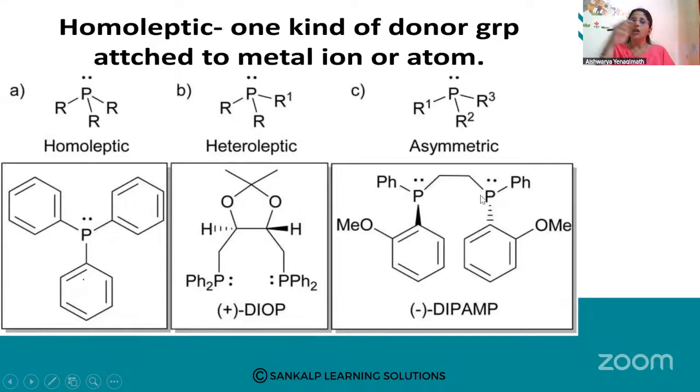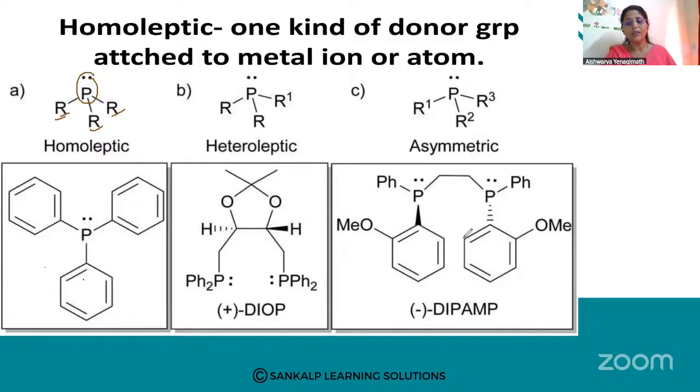Then here we have something called homoleptic and heteroleptic ligands, or asymmetric ligands. What is homoleptic? When all the same types of ligands are attached to the central metal atom, one kind of donor atoms attached to the metal ion, they are called homoleptic ligands.